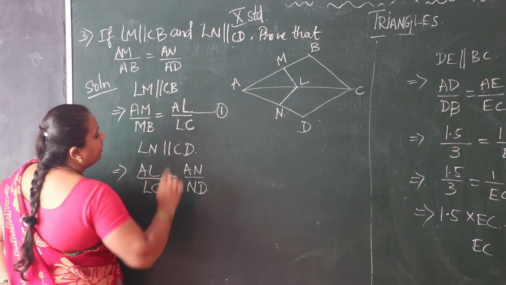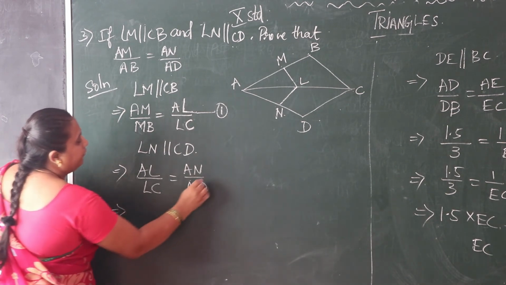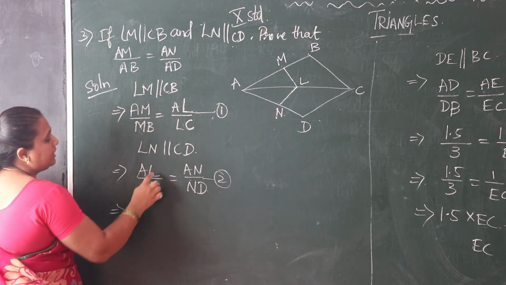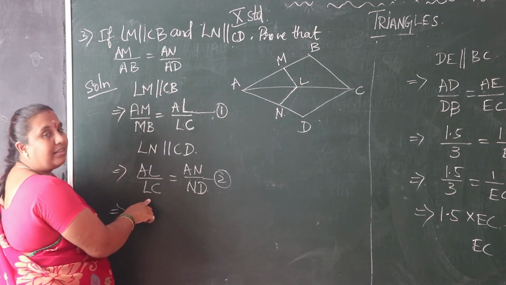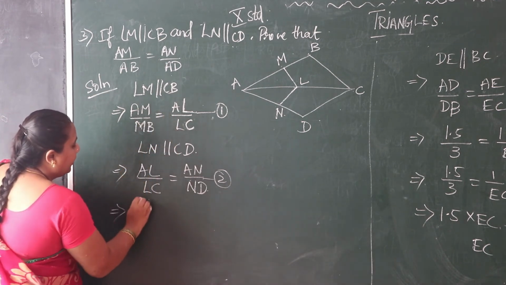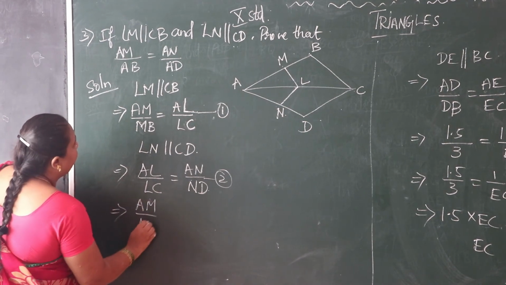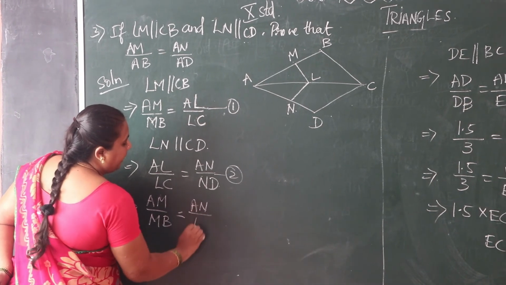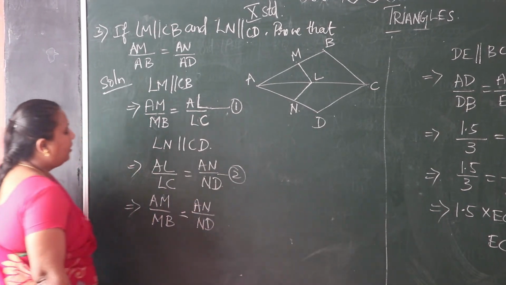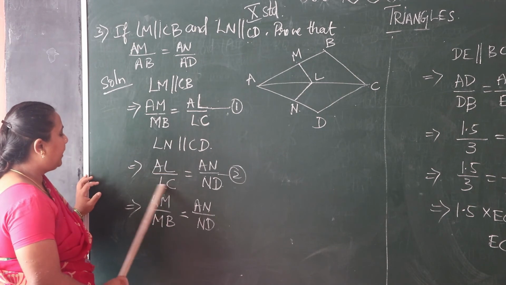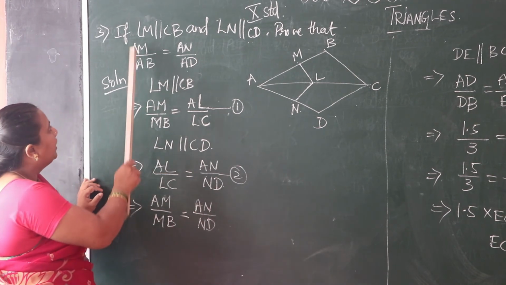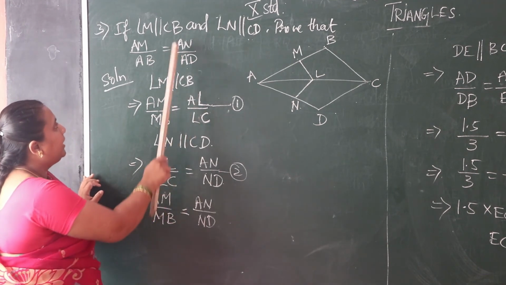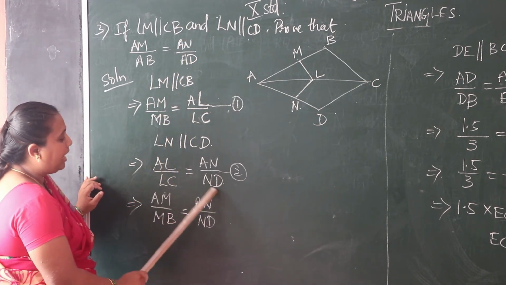From equations 1 and 2, AL by LC is common. So we can write AM by MB equals AN by ND.